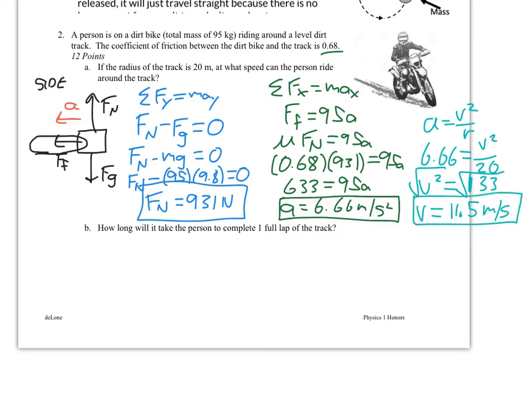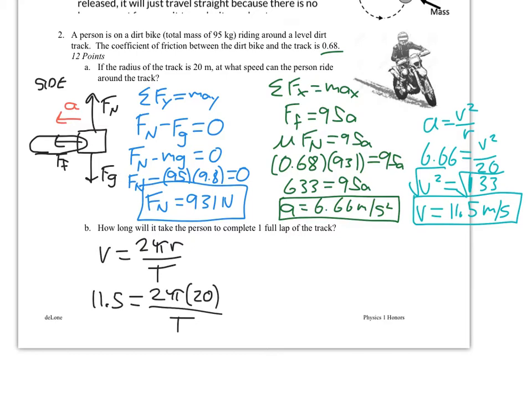With that, I can then go ahead and figure out how long it will take to complete one full lap of the track. What I'm thinking about now is trying to find the period of that motion around the track and linking that to the velocity. And so I'm going to use v equals 2 pi r over T. So this velocity here, 11.5, is going to be equal to 2 times pi times my radius, which is 20, all over that period, which is what I'm trying to find.